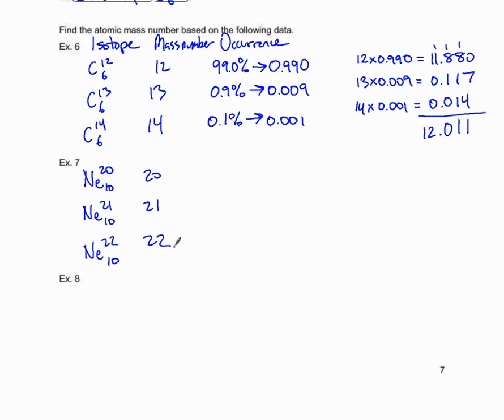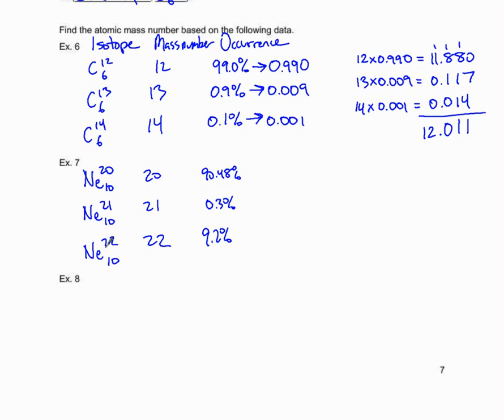Each of these exists in different amounts. So 90.48% of all neon is neon 20. 0.3% is this one, and 9.2% is neon 22.